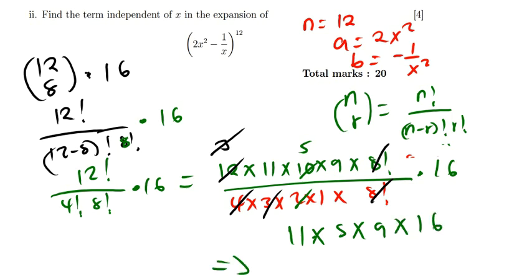So the answer I'm going to find there: 11 times 5 is 55. Then what is 16 times 9? 16 times 9 is 144.